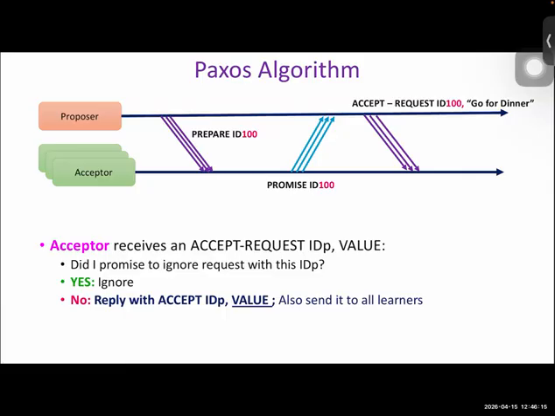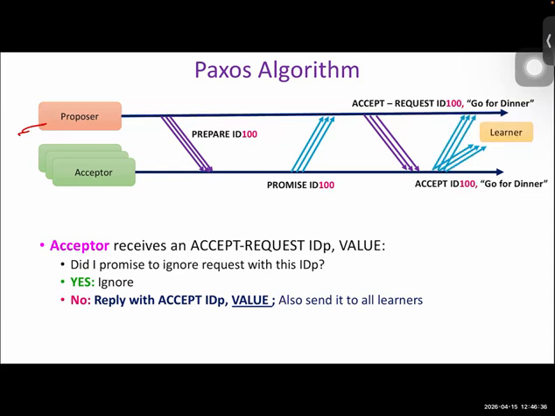When the acceptor receives the accept value 100, it accepts that proposal, and all the remaining nodes become learners. Once a majority accepts, the value is chosen. So this is the Paxos algorithm.